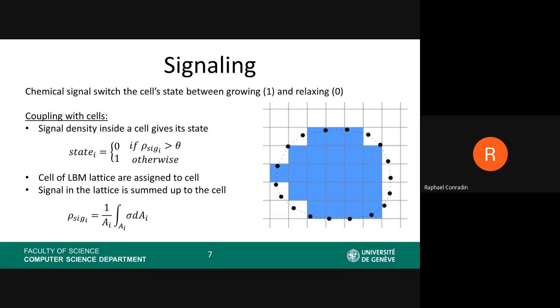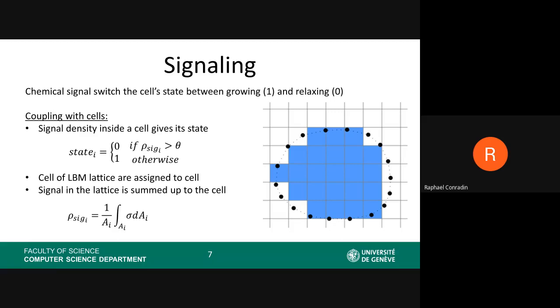In order to couple the Newtonian part and the LBM part, we have to know where the cell is and choose, for each LBM point in the grid, if it is inside the cell or outside the cell. After that, we just have to sum up all the signal on those points in order to have the total signal for one cell, which gives the ability to switch between the two states.